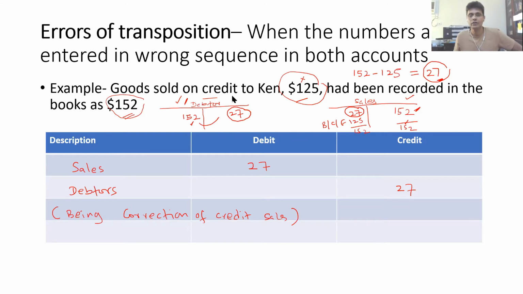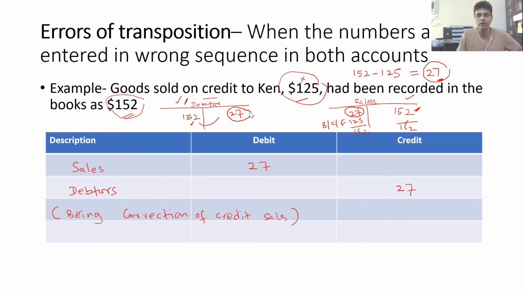Goods sold on credit to Ken, 125, had been recorded in the books as 152. In that case, to make the correction, take the difference and reverse the entry.